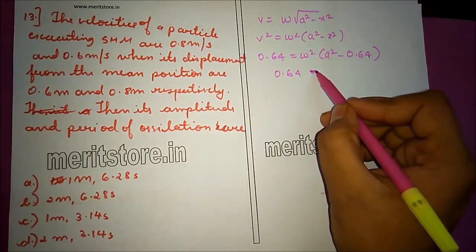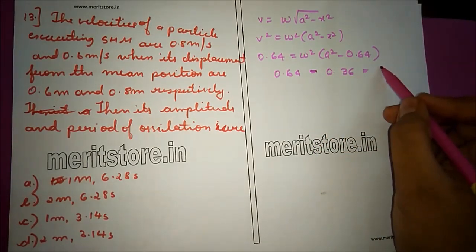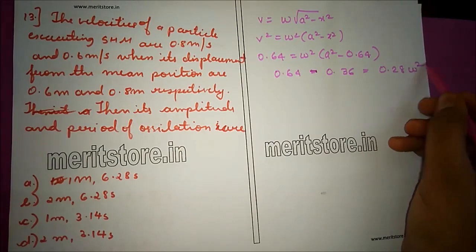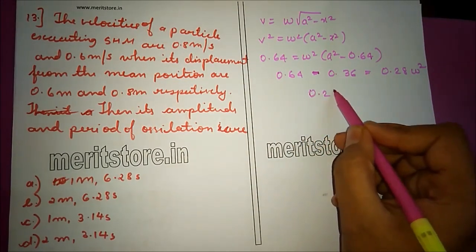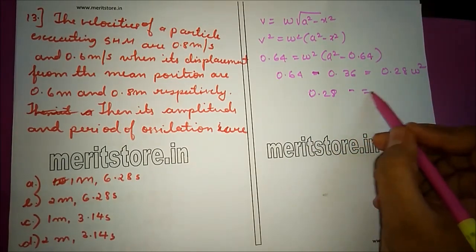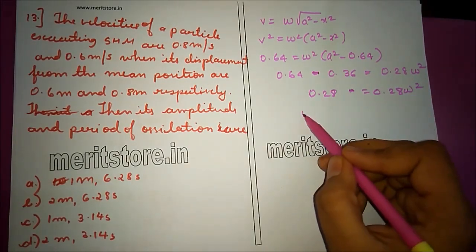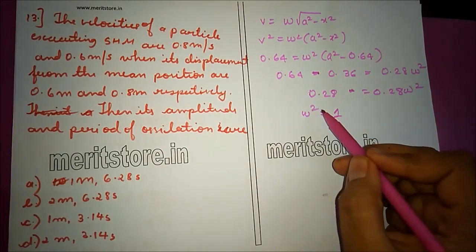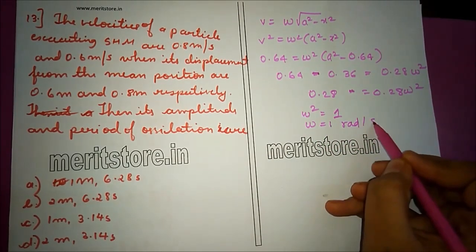Or 0.64 minus 0.36 is equal to 0.28 omega square. So omega square is equal to 1. Value for omega is 1 radian per second.